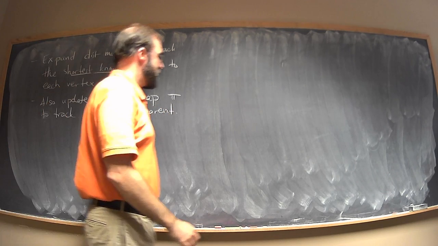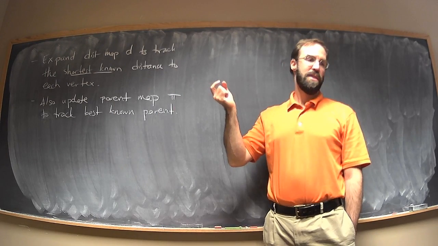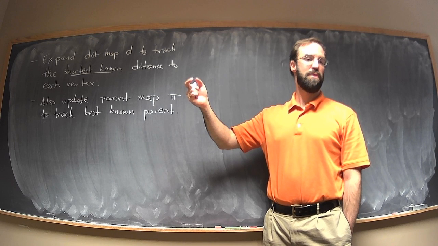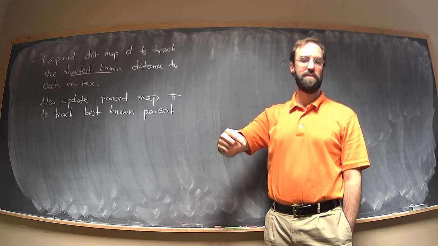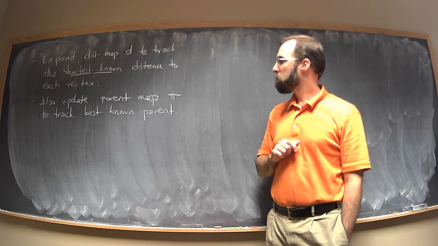It will correspond to the distance map. So if I say, for this vertex, you can get there at time 20, and that's the best I know so far, and in order to do that you should go from this parent, it might change later if we find a better way to get there.